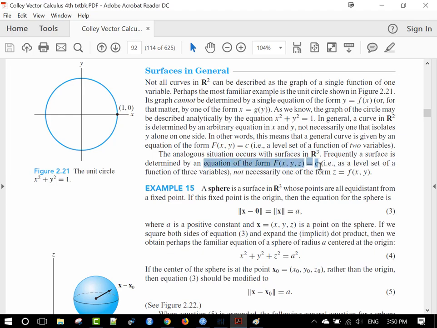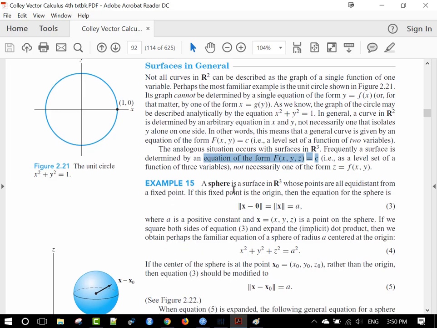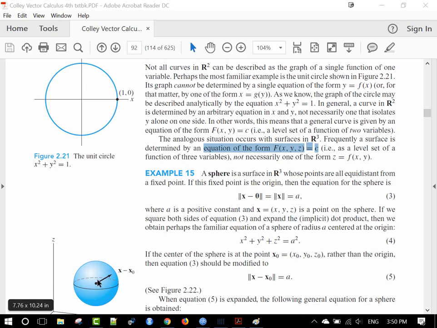So here's an example. A sphere is a surface in R3 whose points are all equidistant from a fixed point. It's the set of all points that are the same distance from this point. If the center happens to be the origin, then this will give you the equation.